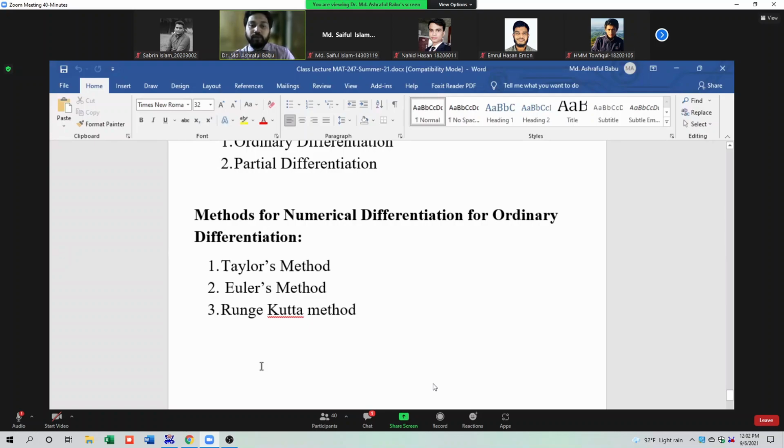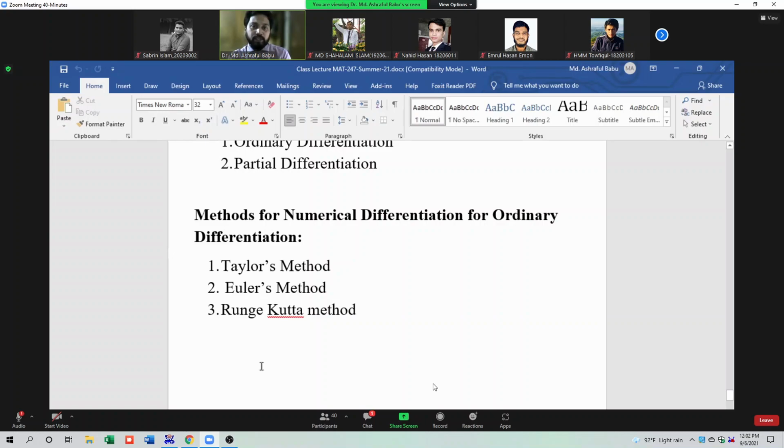These are the methods for solving differential equations, not numerical differentiation. So there is a little bit of difference. The topic of numerical differentiation, maybe I'll teach you in another class, maybe at the end of these topics.